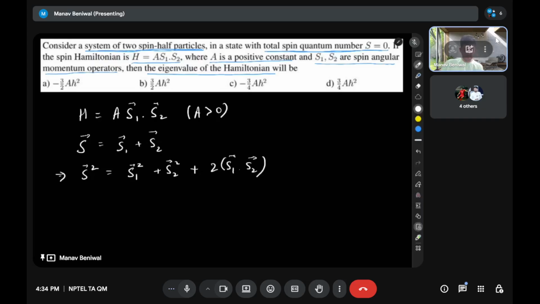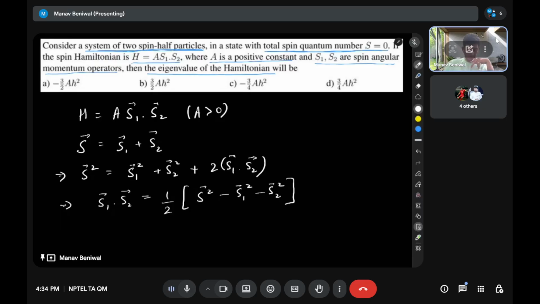And then we can write S1 dot S2 as half of the entire thing: S squared minus S1 squared minus S2 squared.